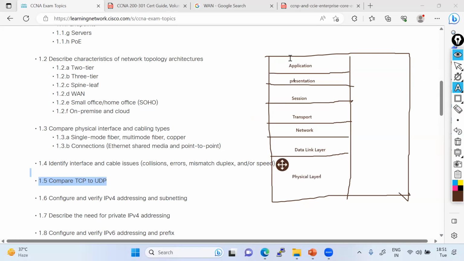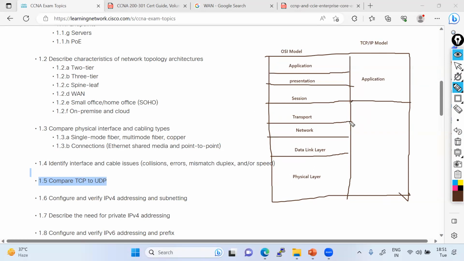This is your OSI model, right? And we have another model, that is the TCP/IP model. In this TCP/IP model, these three layers together are known as the application layer.